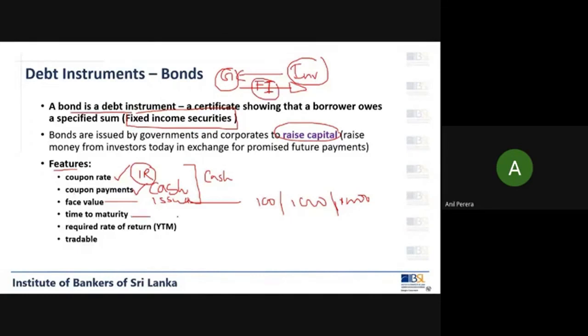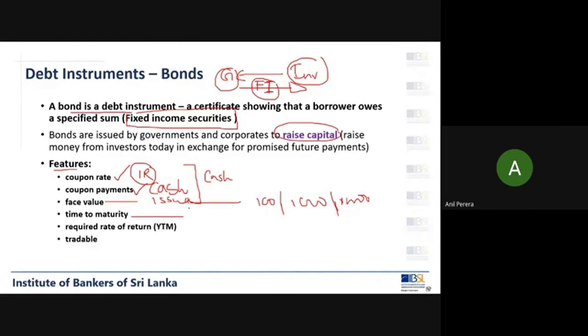There's a time to maturity. Time to maturity means there's a fixed period for the bond. Could be 3 months, 1 year, 15 years, 30 years. Likewise, there's a fixed period. Compared to equity, where you don't have any fixed period, for bonds you have a fixed period, time to maturity.